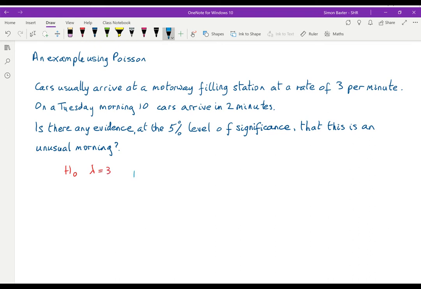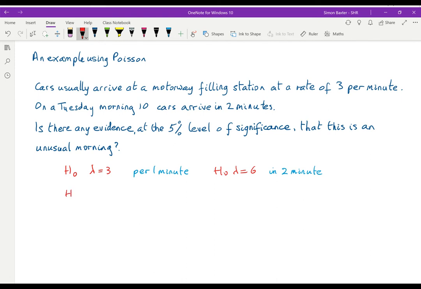That is per 1 minute. It's quite acceptable, and in many ways I prefer it, to use H0 lambda equals 6 if we're thinking of 2-minute periods. So you can use either form of the hypothesis. Lambda is 3 or lambda is 6.